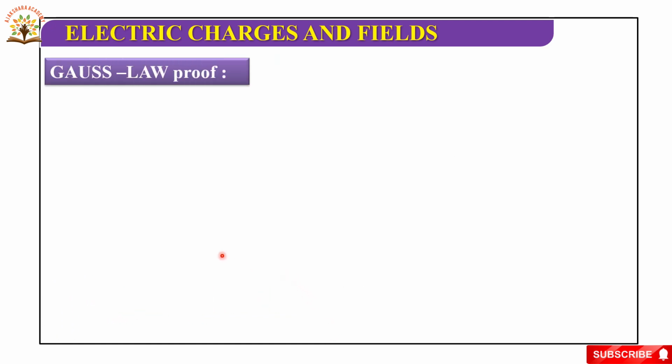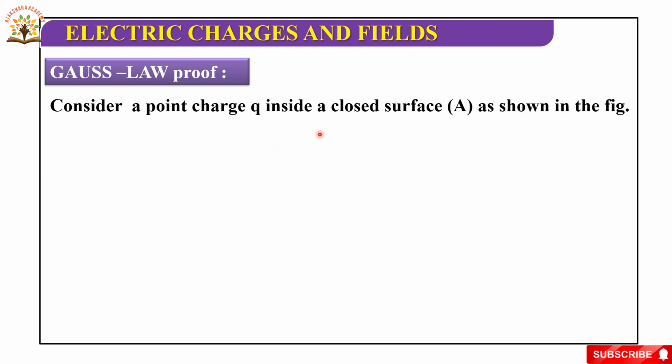Now, Gauss law proof. Let us discuss the proof of Gauss law. Consider a point charge Q inside a closed surface A as shown in the figure.